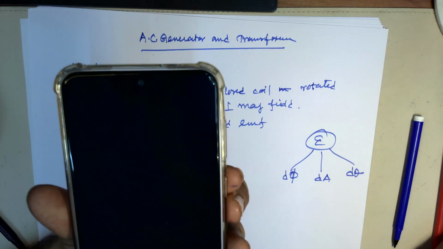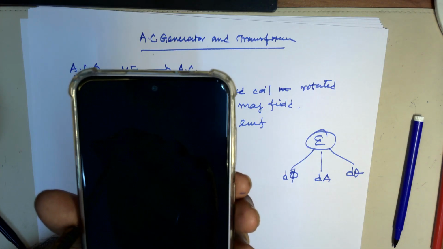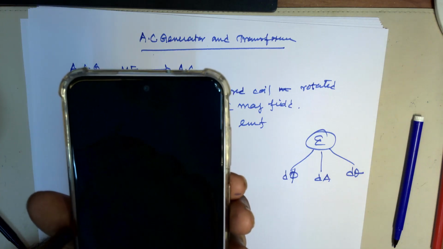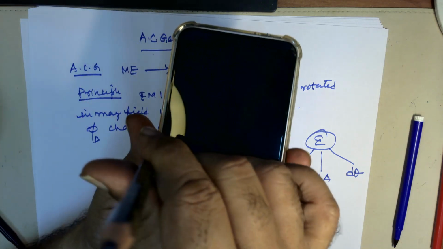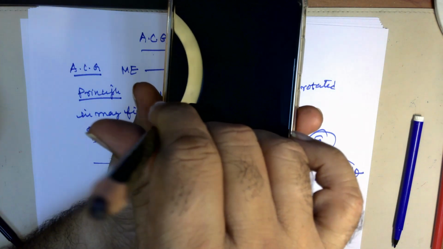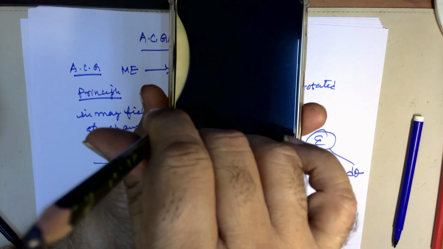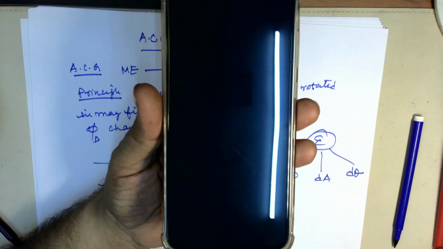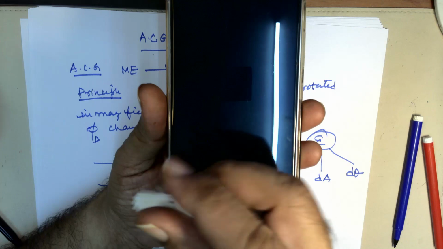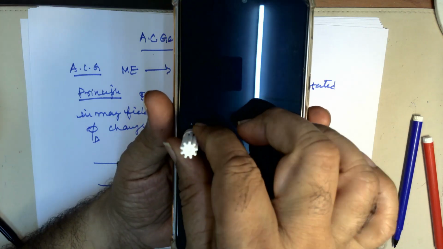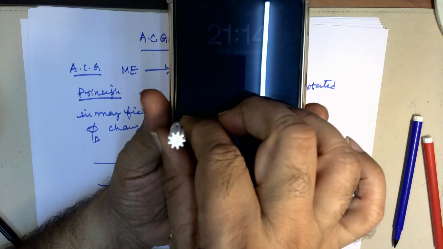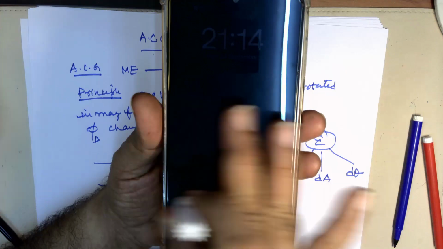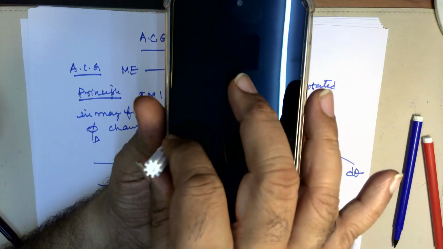Now I am considering the perpendicular. Are you able to understand this? So perpendicular means this one. Clear? Let me put a smaller one. So this is the perpendicular. Are you able to follow? So for the coil, the perpendicular is this n cap.